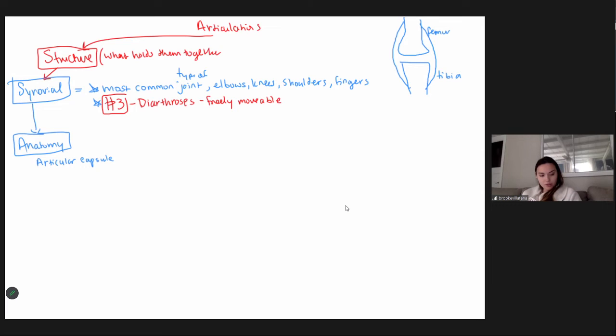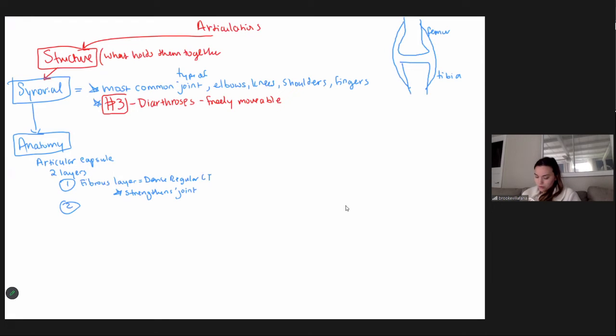And the articular capsule has 2 layers. It has a fibrous layer, which is made of dense regular connective tissue. And obviously, of course, you need to know this for the test. And it strengthens the joint. So that's the first layer. And then our second layer, we'll do it in a different color.